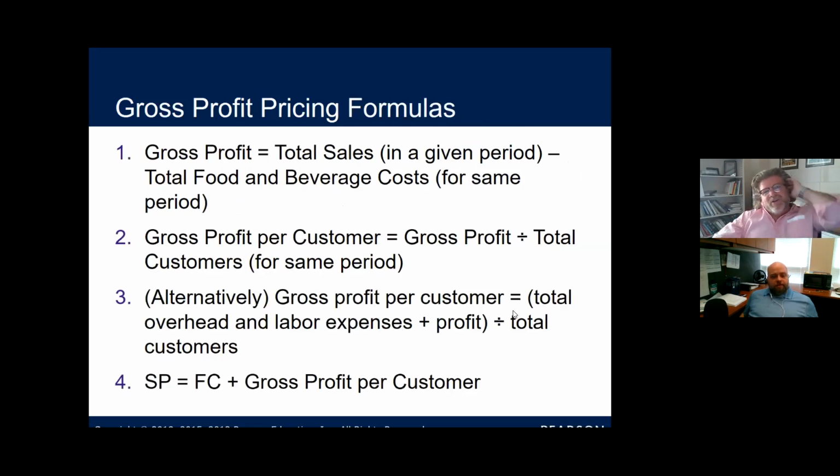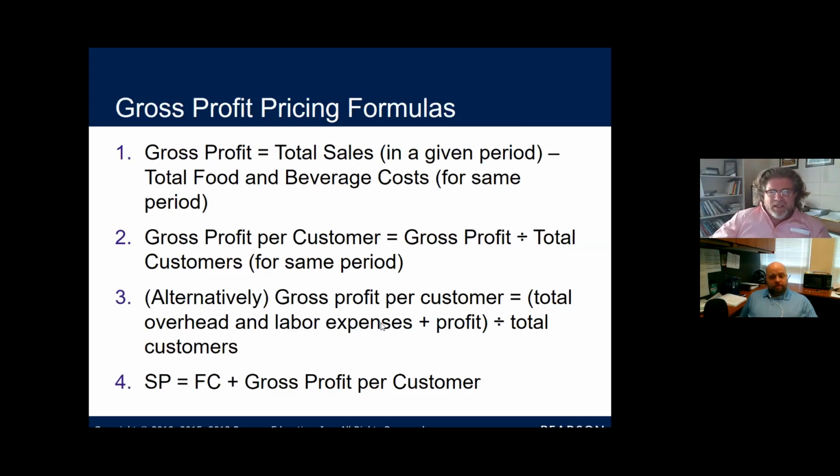So here's how it works. We have our gross profit, which is our total sales minus our total food cost. That'll give us our total profit, or gross profit. The gross profit per customer is we divide that gross profit by the number of customers.